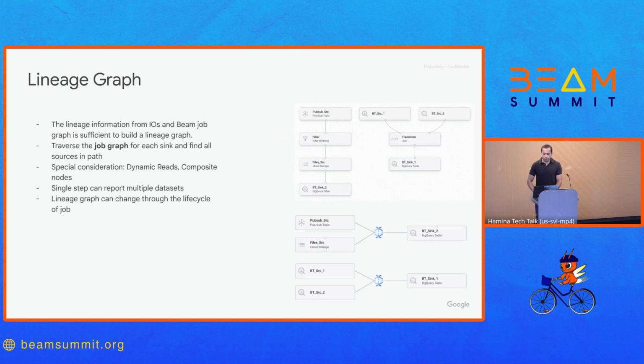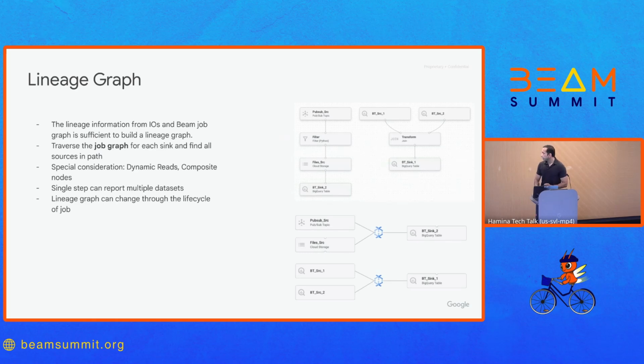So once we have the lineage metric being reported from the Beam job, we need to build lineage graphs. A lineage graph looks something like this. For example, here you can see that there is this sink, and then there's this other sink too. The lineage graph only represents that these sources were used to write to the sink, and in the same way, the sources which were used to write to this sink.